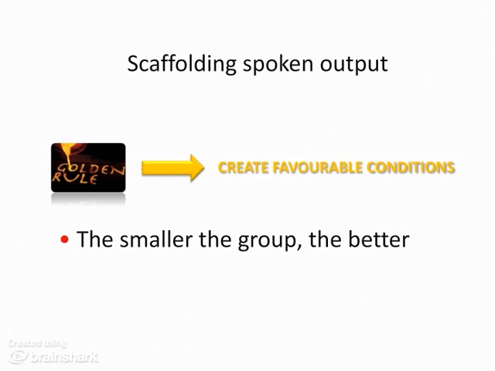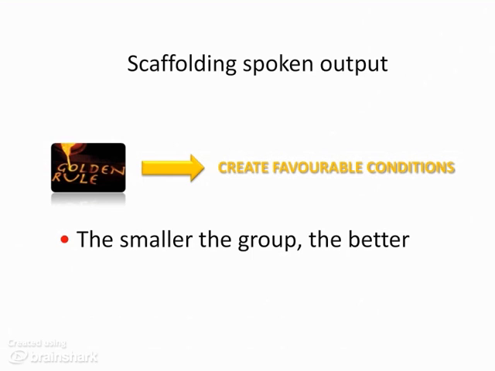So although we mentioned before think, pair, square, share, with the ultimate goal of speaking in front of the whole class with confidence, if we can organise activities where students work in small groups, you can perhaps organise a carousel lesson or a corners lesson where groups of students are simultaneously occupied doing different activities.